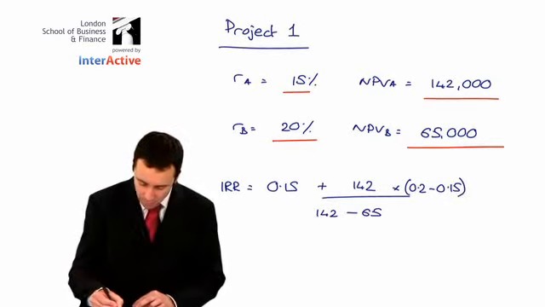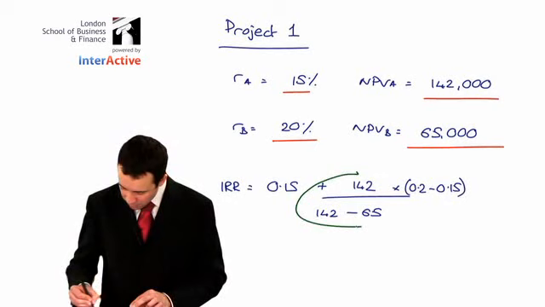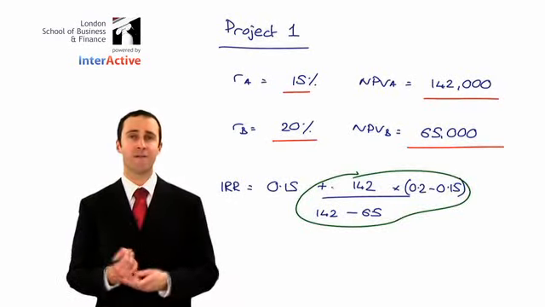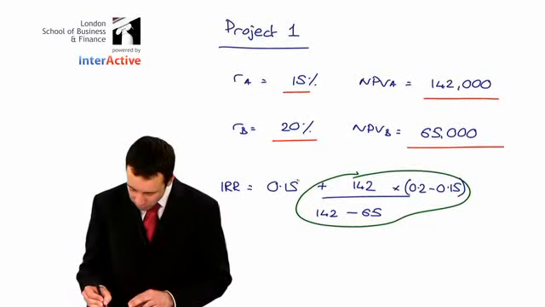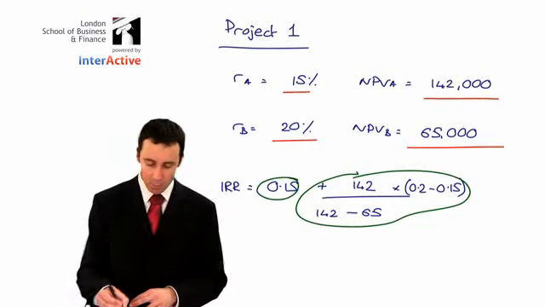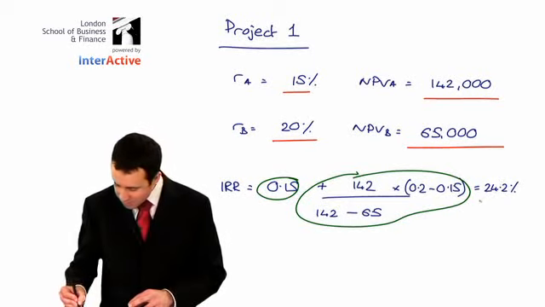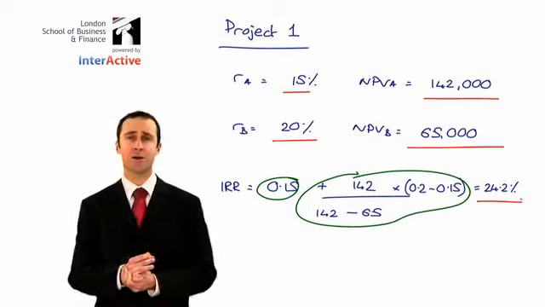Again, you should be familiar with calculating this from your previous studies, but I calculate that part of the fraction first and then go through and add on the 0.15. If you tap that into your calculator, it should work out at 24.2% as your internal rate of return.